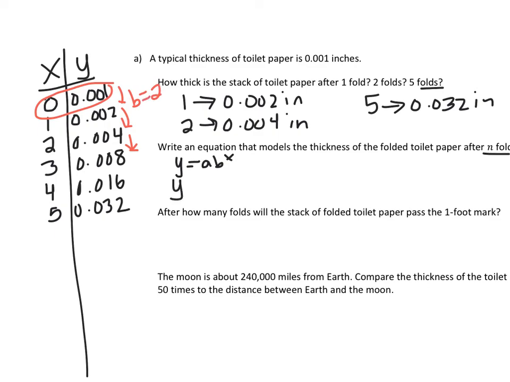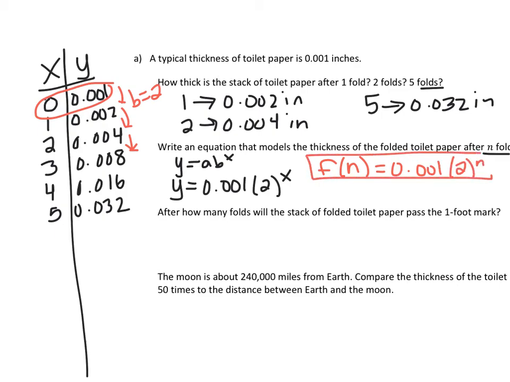So we know y equals 0.001 times 2 to the x. However, it wants us to use n. So f of n equals 0.001 times 2 to the n. So I just rewrote it with n and f of n. Now we have an equation.